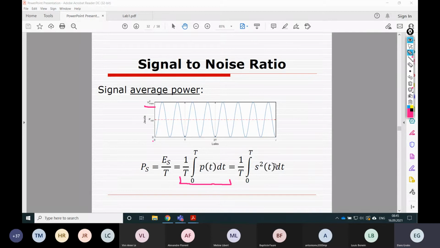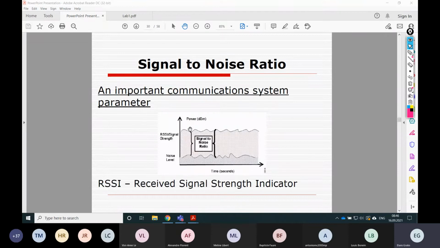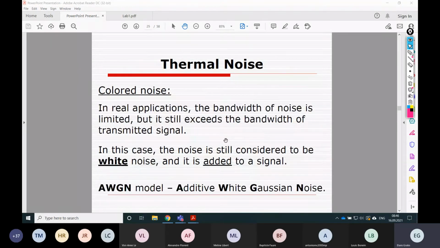So basically it can be easily calculated. Again, for real signals in practice, we have measurement units, so we have a way to measure signal power. We can use a spectrum analyzer, for example, to calculate this power.